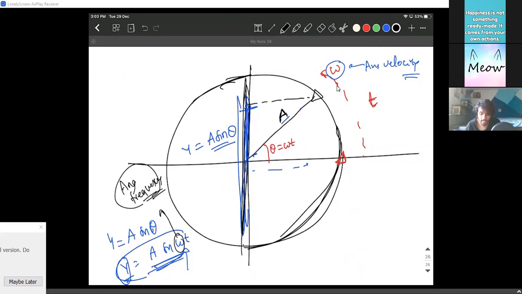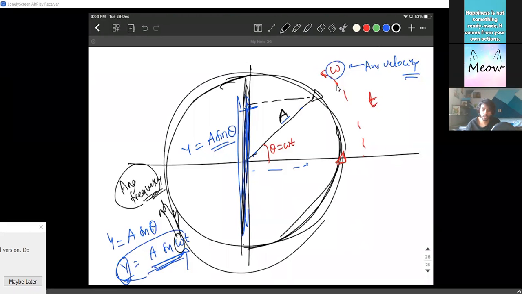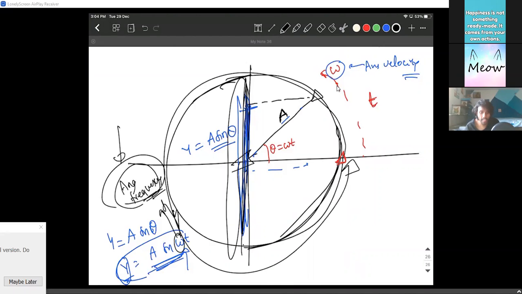That is the significance of this omega. It is exactly going with the same frequency. By the time the mummy completes one full revolution, the baby completes one full oscillation. So this angular frequency is talking about the frequency of oscillations itself.